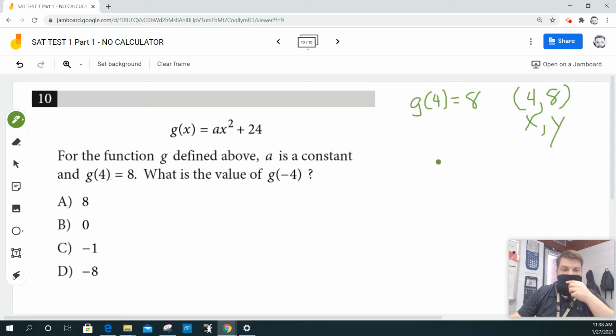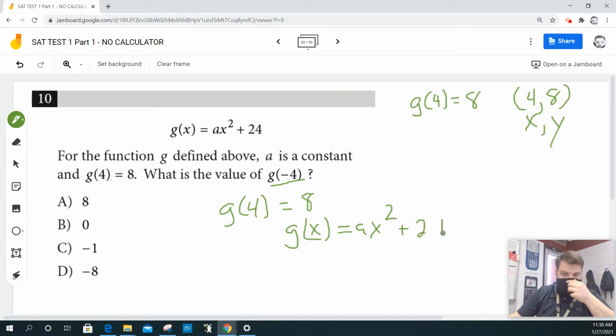So we could go back and find the value of g of -4, but really what we've got to do is find the value of a. So if g of 4 equals 8, then g of x is equal to ax squared plus 24.